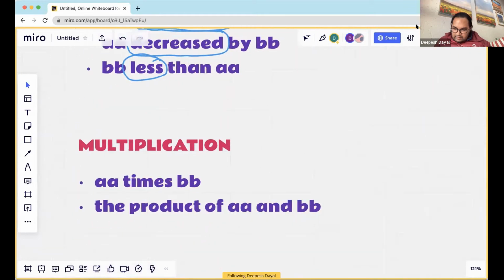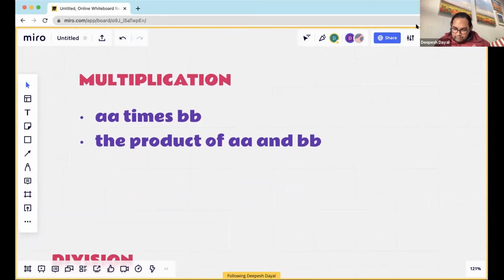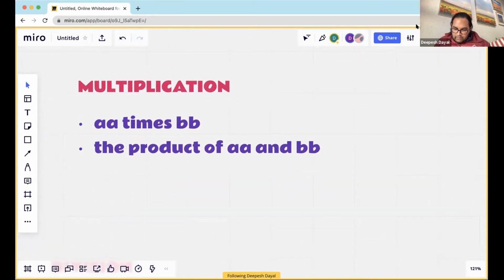Then we get multiplication. So multiplication, we use a times sign between things. Here's a multiplication sign.